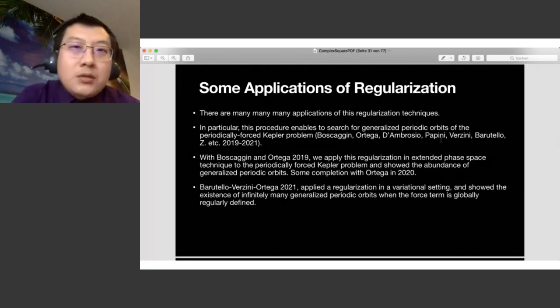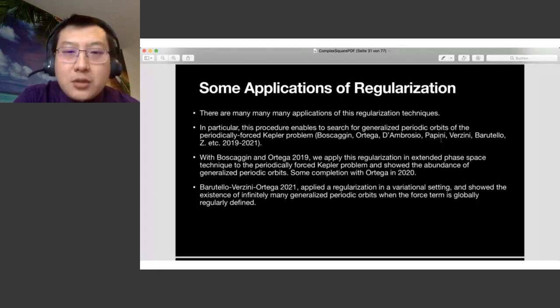And then in another paper, Vivina Barutello, Gianmaria Verzini, and Rafael Ortega applied a regularization technique in a variational setting and showed that there exist infinitely many generalized periodic orbits when the forcing term is globally regularly well defined.